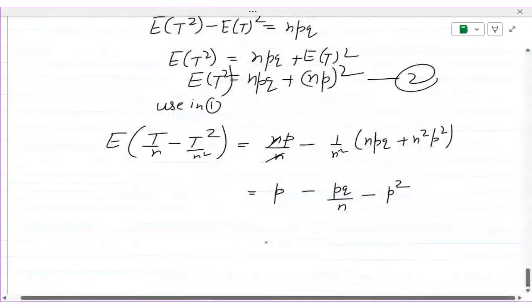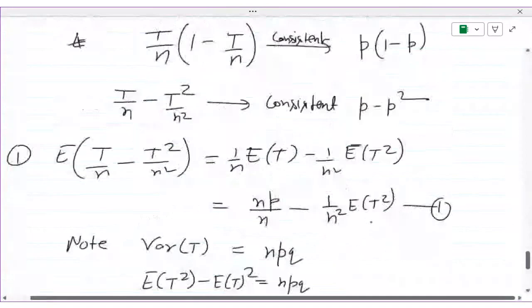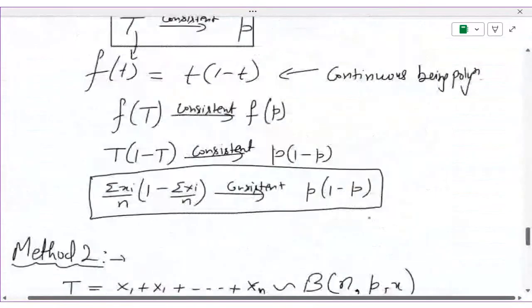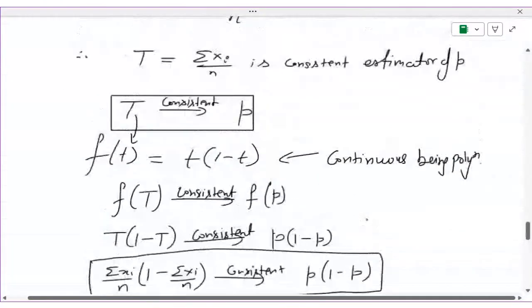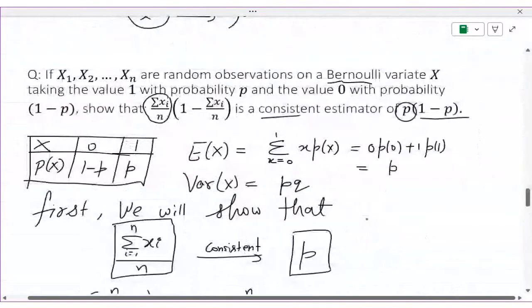Let me simplify this. So p minus p into 1 minus p divided by n minus p square. I think we are getting some extra term. I am doing it correctly, right? We are doing it correctly.